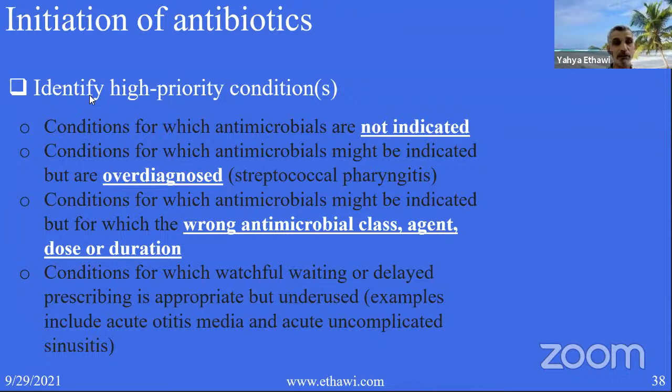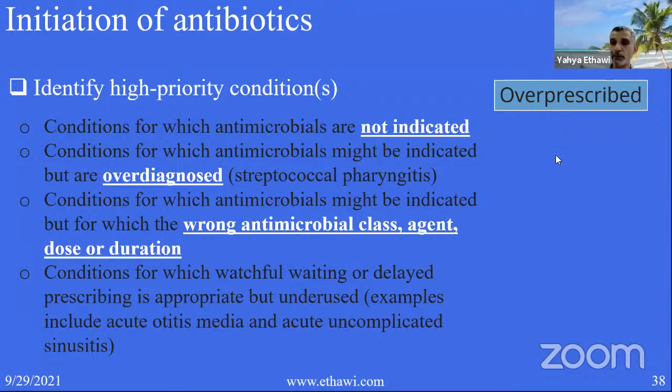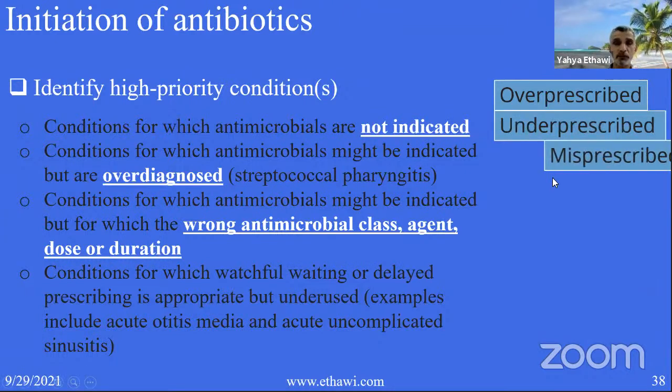Also, a high priority condition is a condition that can be treated by watchful waiting or delaying prescription. So the list of high priority conditions is those that are over prescribed, under prescribed, or misprescribed. These are called high priority.